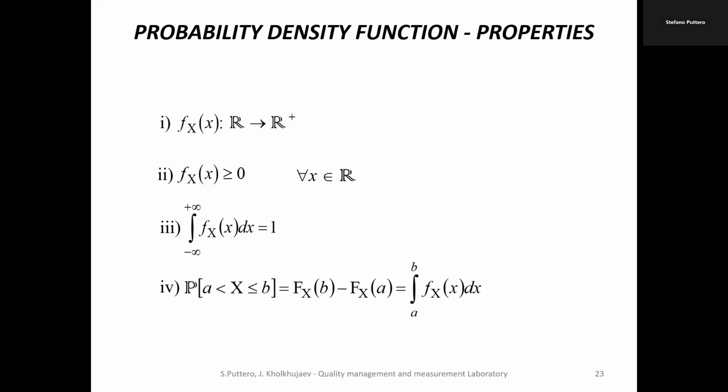If the discrete random variable defines probability at mass points, continuous random variables define probability over intervals.